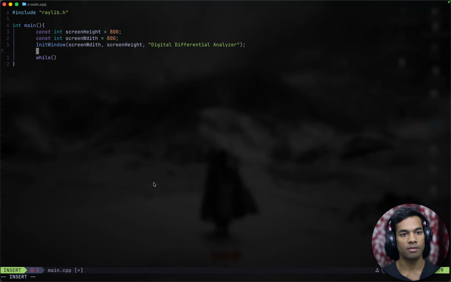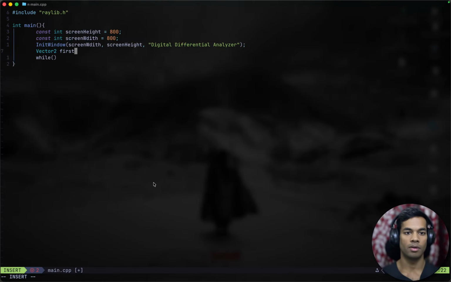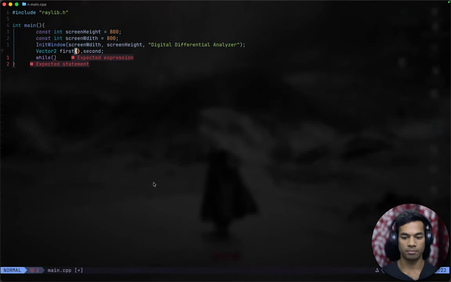And yeah, let's write Vector2 first and second. These are the two circles. And we can say both of them will start in the middle of the screen widthwise, and one would be in the upper half and the other would be in the lower half.